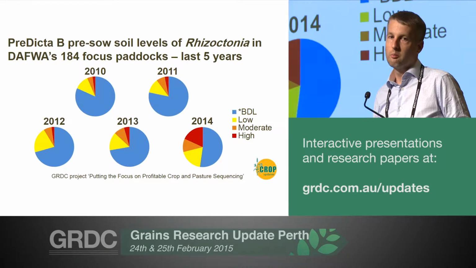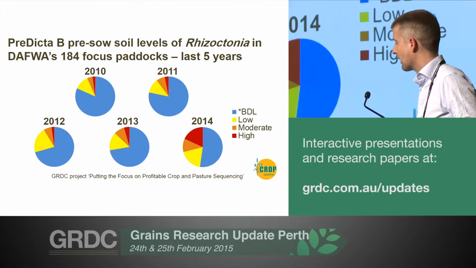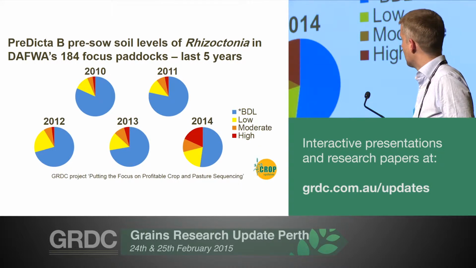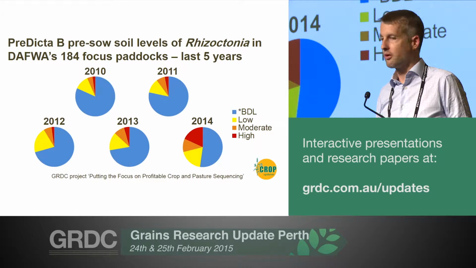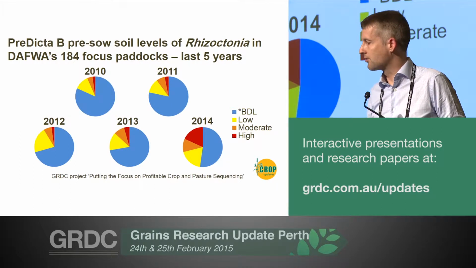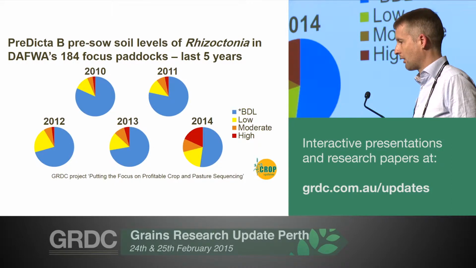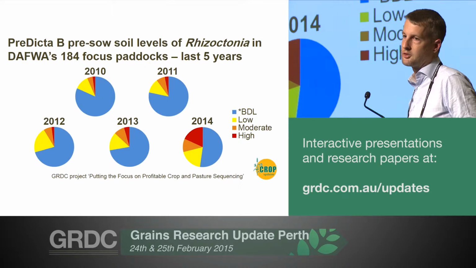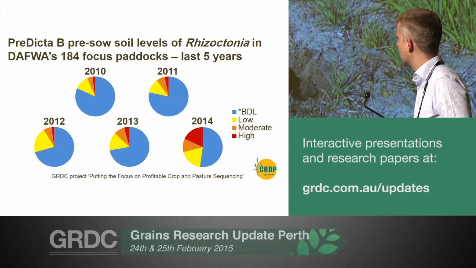The blue portion is the below detection level of Rhizoctonia. And then the other thing you can see is the increase in the orange and red components, which are the moderate to high levels of Rhizoctonia. So that's been increasing in those 184 paddocks from the same locations, okay? They are georeferenced, it's the same location visited over the 5 years.